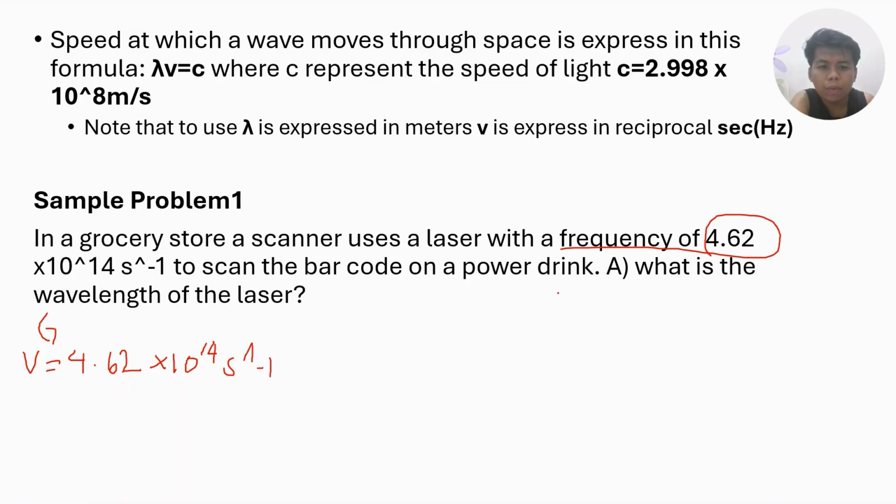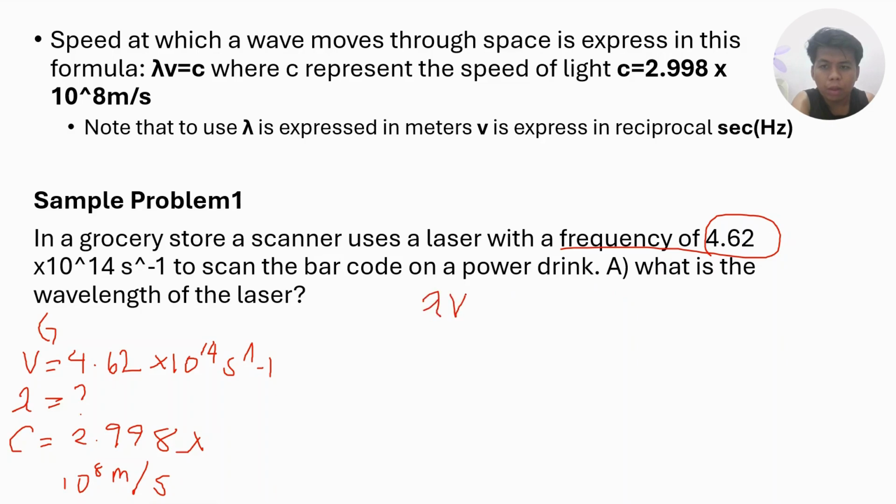And we are asked to find the wavelength. What else is given? We are actually given our constant, which is the speed of light here: 2.998 times 10 raised to the power of 8 meters per second. You look at the units, they are already reciprocal, appropriate already. So we are good to go. No more conversion factor.